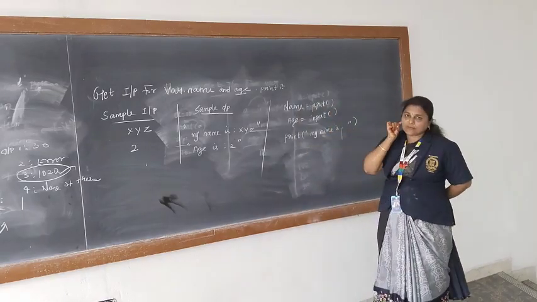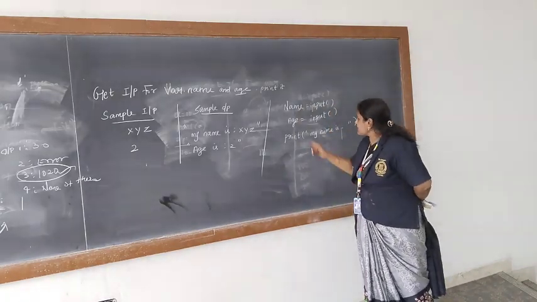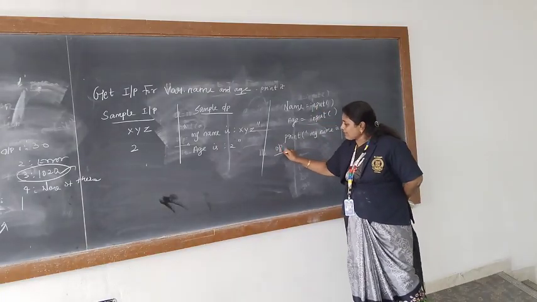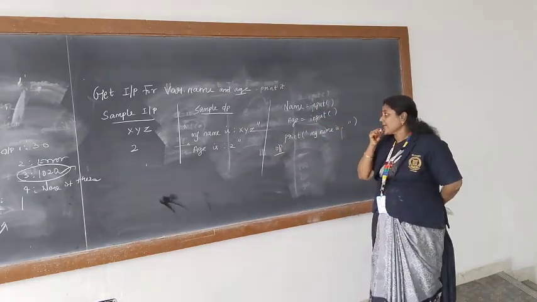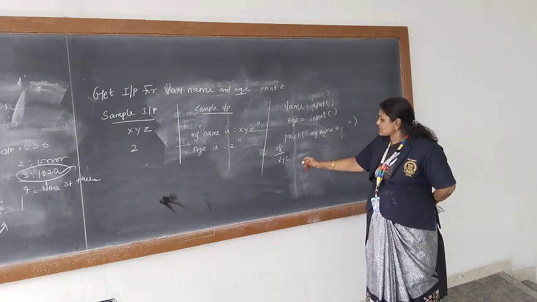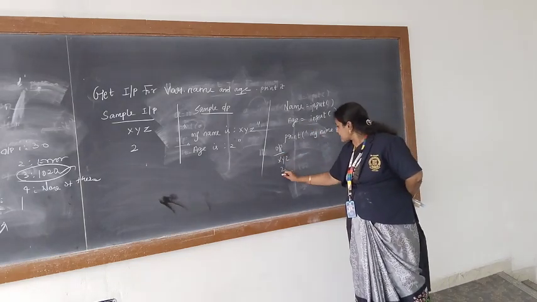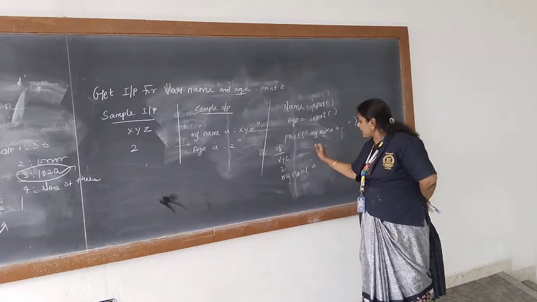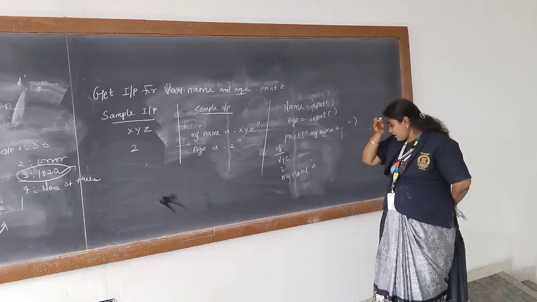So what should be the output of the program? I gave the name as input. First on the output screen, the cursor is given. I gave the name as XYZ and age as 2. And the next line, my name is, because whatever is within the double quotation marks should be printed, correct?